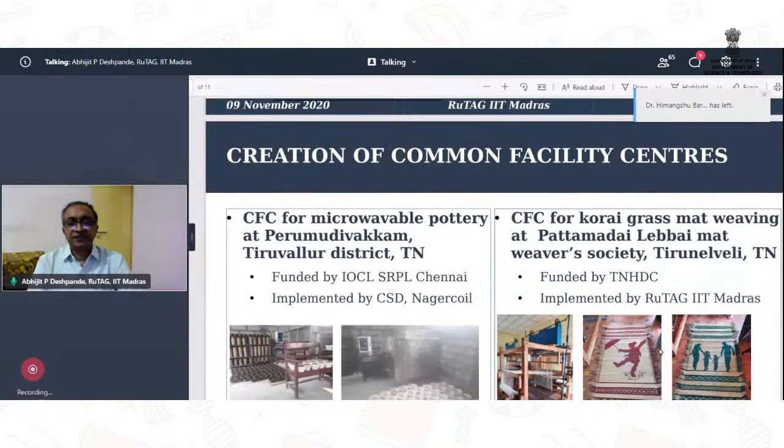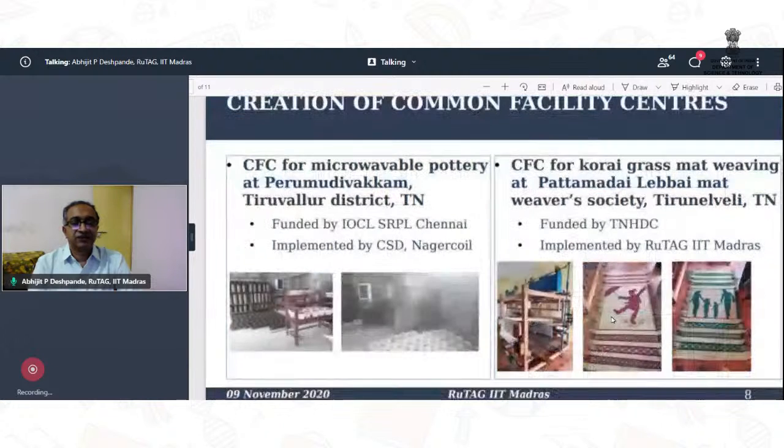So one example where we've been able to do this, given some of the costs involved, is a common facility center, which is partly supported either through CSR, like the left-hand side one, which is for pottery, for microwavable pottery. This is a technology done by RUTAG several years ago, but now we are implementing it in a group so that a larger set of potters can use this.